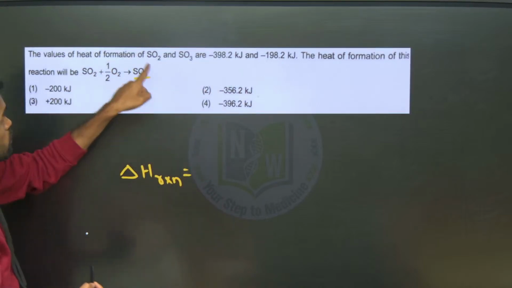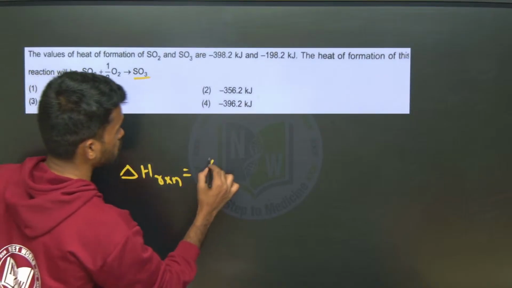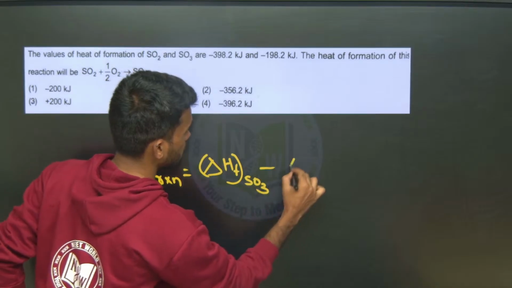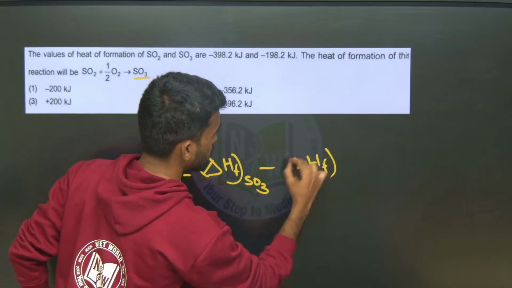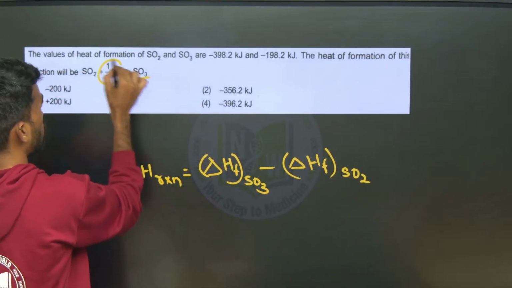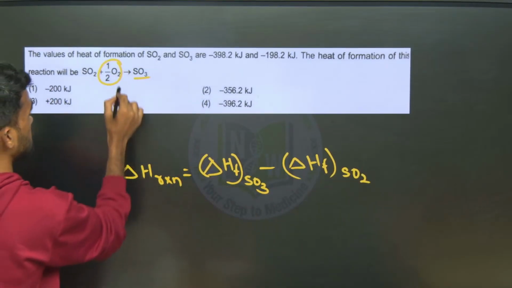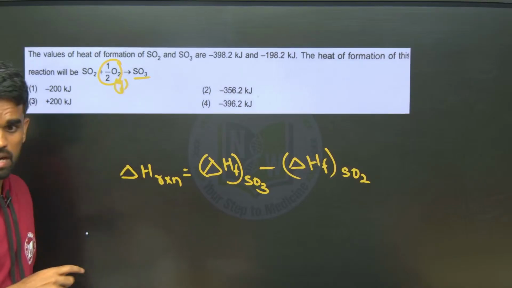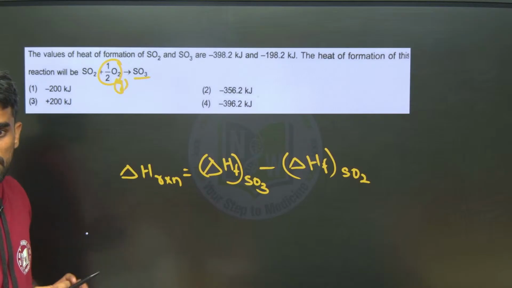So here product formations are given, so SO3 is forming. Enthalpy of formation of SO3, products, minus enthalpy of formation of reactants, that is SO2, and O2 is there. So oxygen is in its standard state now. So for the standard state, its enthalpy of formation or combustion will be 0.